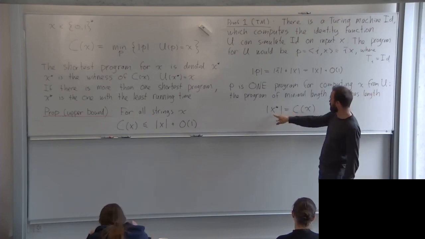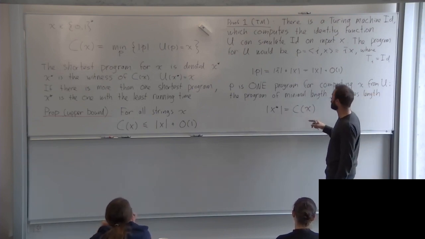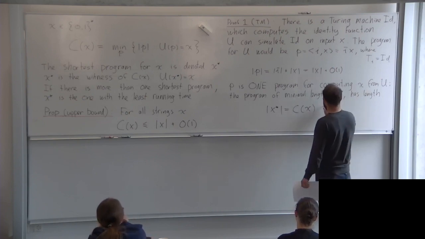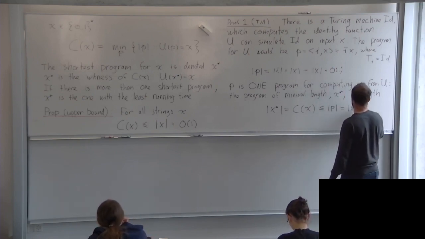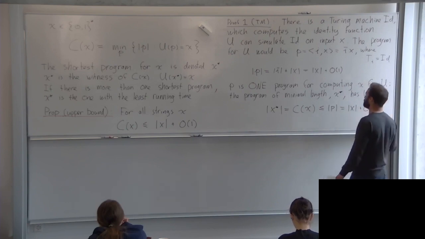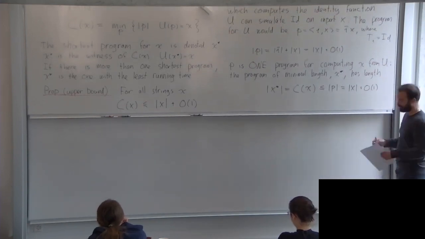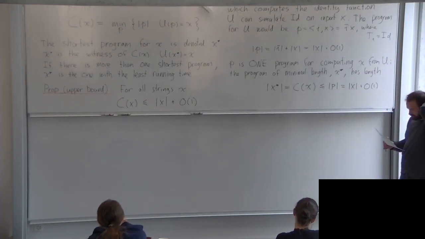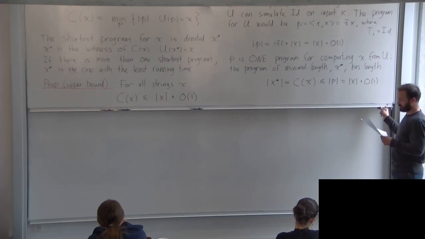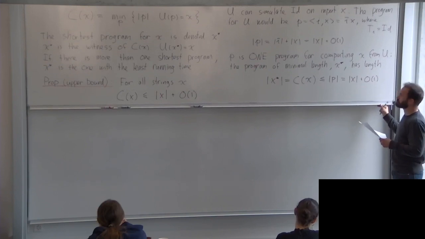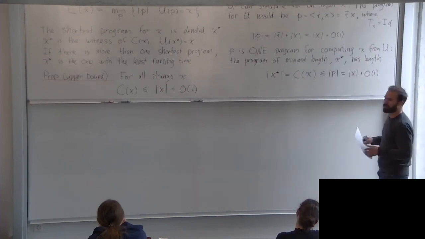The length of the shortest program is the complexity of x, and it is then smaller or equal than the length of P, which was the length of x plus O(1). Questions?